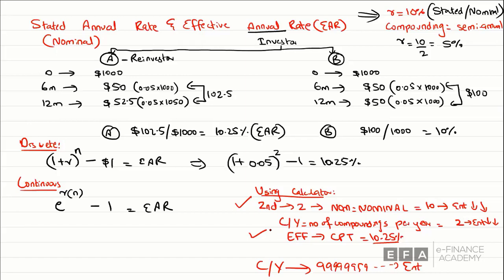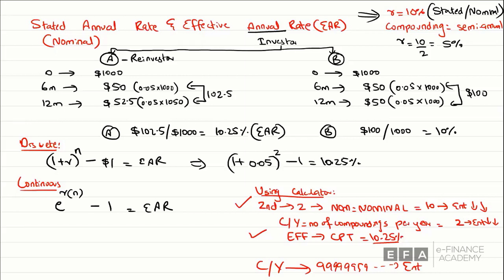The problem in this case is that your calculator never computes the nominal rate or the C/Y, the number of compoundings per year. All it calculates for you is effective. So how can I get the number of compoundings per year while they have already given me the effective in the question?